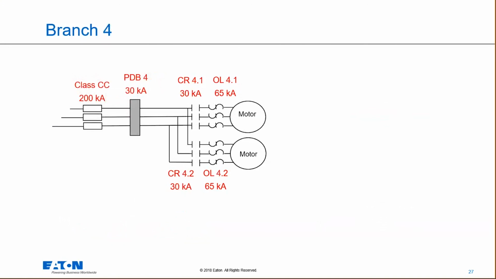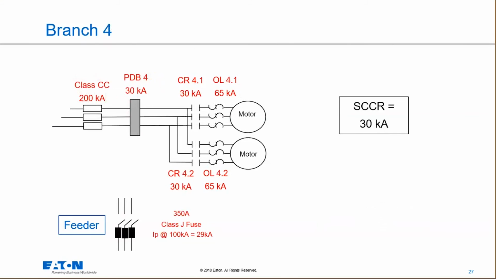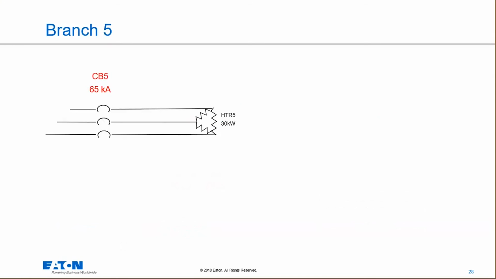In this particular case, again, we have Class CC fuses feeding a power distribution block that's 30 kA, and some of the contactors and overloads have 65 kA ratings on them. The overall SCCR for that branch was 30 kA. Once again, we're going to increase that whole branch up to a 100 kA rating. Very good thing to be able to do this kind of stuff, guys.